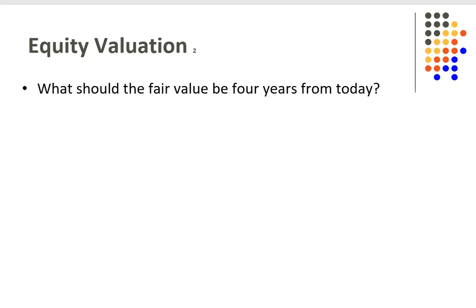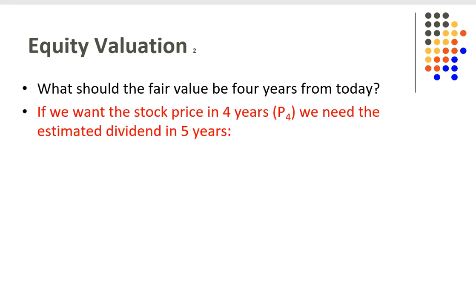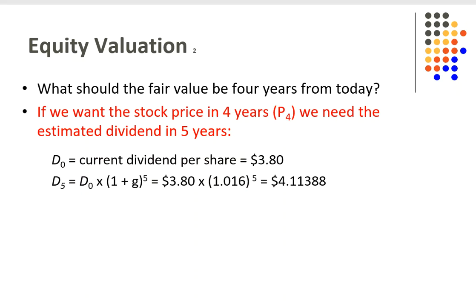What would the fair value be of that stock 4 years from today? To estimate the value in 4 years, in other words, the price at time 4, we're going to need the estimated dividend in 5 years. To get the dividend at time 5, we simply take the time 0 current dividend, multiply it by 1 plus our estimated growth rate to the 5th power.